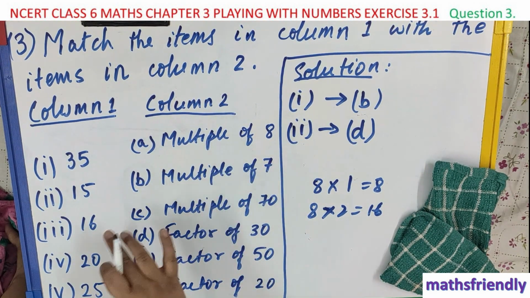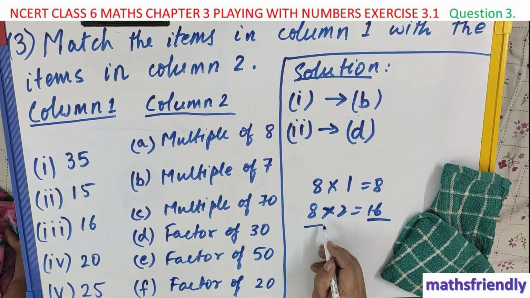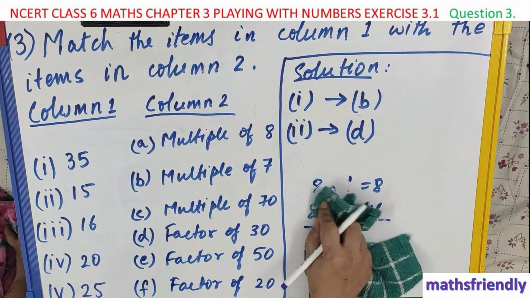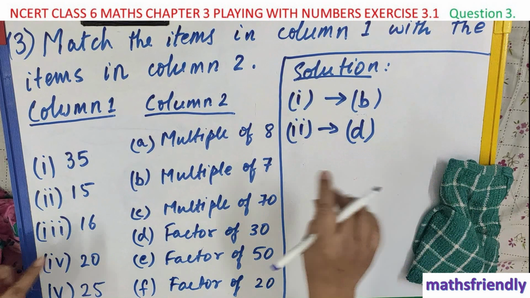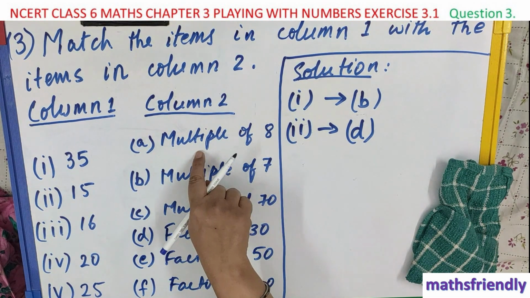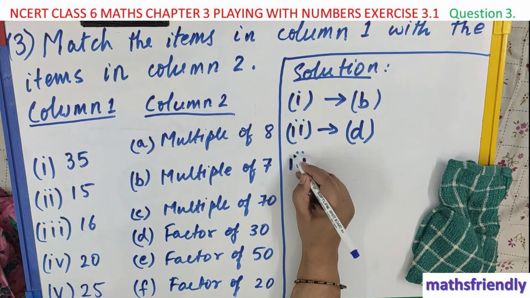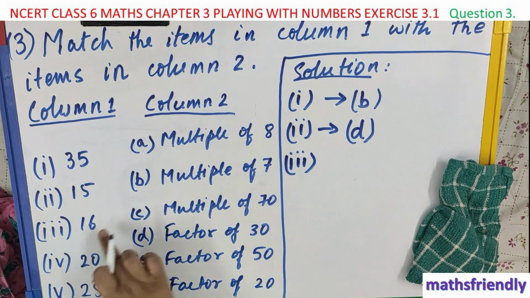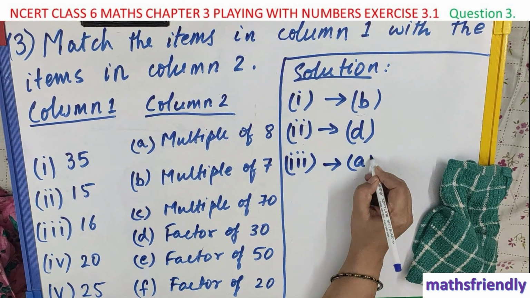It means 16 is a multiple of 8 because 16 comes in the 8 table. So the item in column 1 matches with the item in column 2. 16 is a multiple of 8.